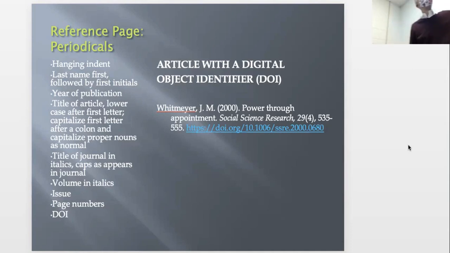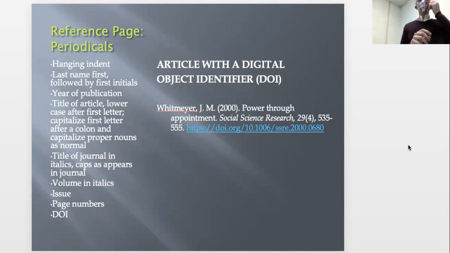Then we have the title of the journal in italics, then we have the volume and issue, which is sometimes called the number. And then the page numbers, I'm going to go quickly here. Then we have the DOI. And you can see they have the DOI listed as a URL address, but the DOI is sort of like a permanent link to that source.